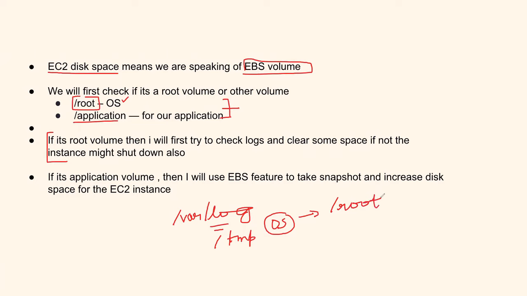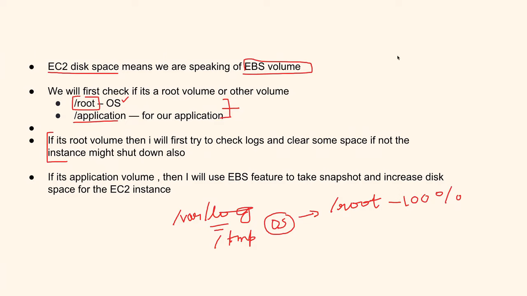This is an important debugging step for the root volume, because if the root volume becomes 100%, we will run out of actual disk space for our operating system, and then we have a higher issue of a shutdown of our machine.